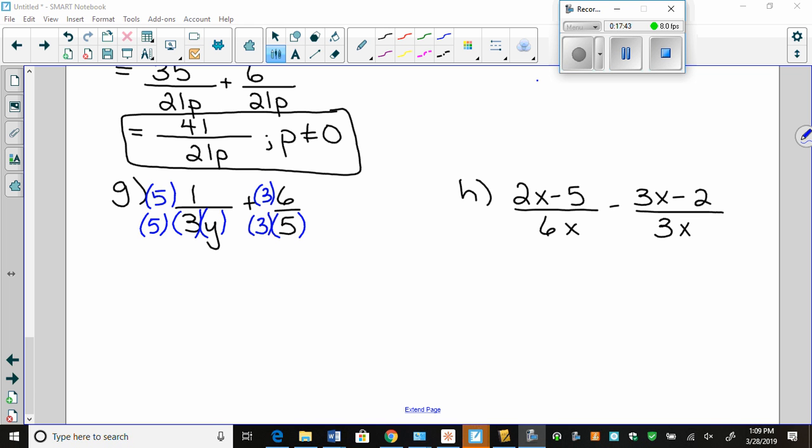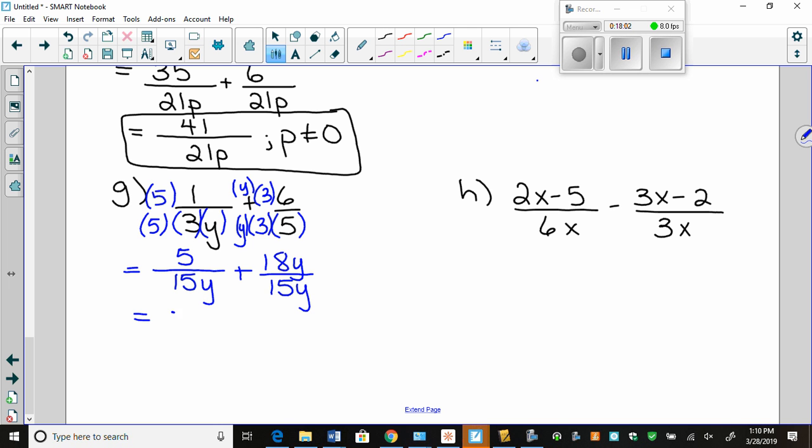So this one here, I'd have to multiply by y as well. So I'm going to get 5 over 15y plus 18y over 15y. Then I would write it as 5 plus 18y over 15y, just like we did before.